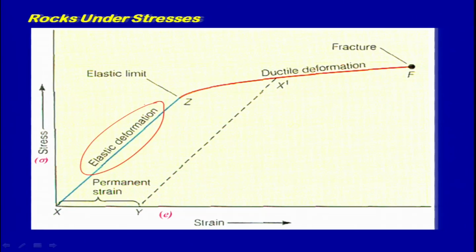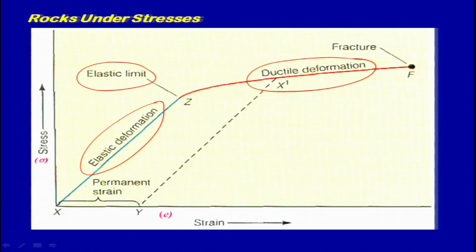Any material, including the earth's material, will go first into deformation until the point of its elastic limit. Beyond that, if you keep on applying stress, the material will go into ductile deformation, and at one point it will have permanent strain.